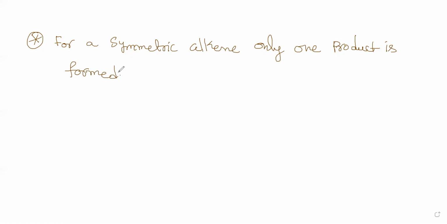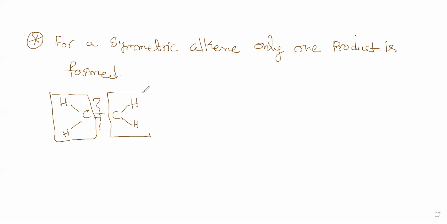We have taken ethene. The ethene is a symmetric alkene. I'll simply tell you how to identify the symmetric alkene. You take ethene. Ethene is a symmetric alkene. Why? You break this double bond, then this piece is looking alike as this piece, right? I hope I am clear. Yes, sir. You can say it is a symmetric alkene.